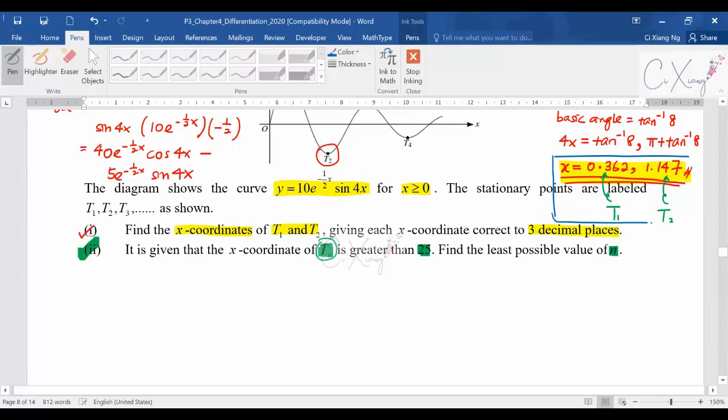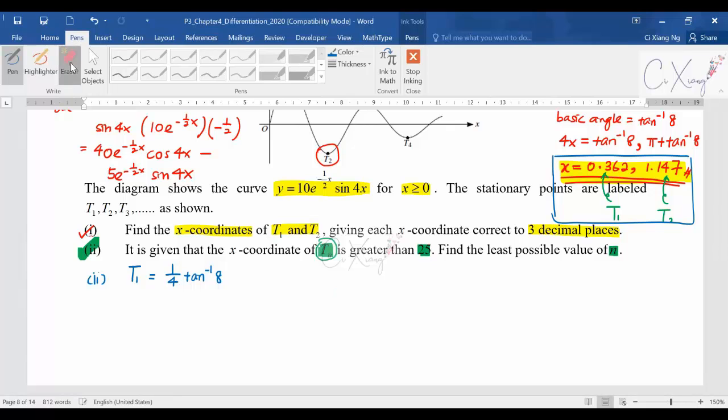Okay, so you see what is T1 actually? So your T1 is equal to 1 over 4, then tangent inverse 8. Or maybe I will write it again as a fraction.